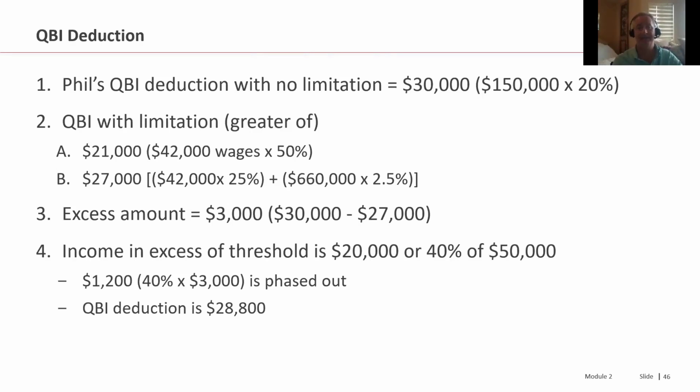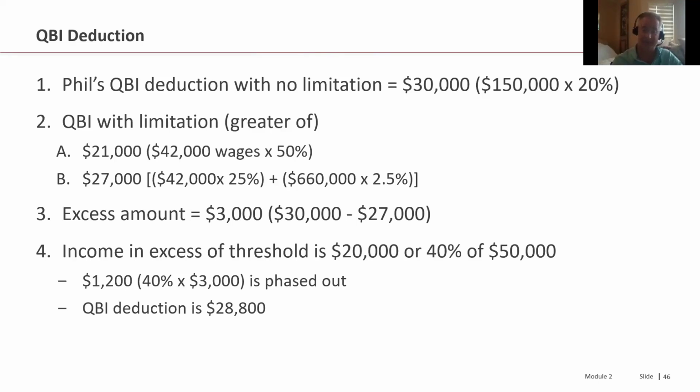His income is in excess of the threshold by 20,000, right? He had 177.5 minus 157.5, which is 20,000. 20,000 is 40% of his 50,000 phase out range.